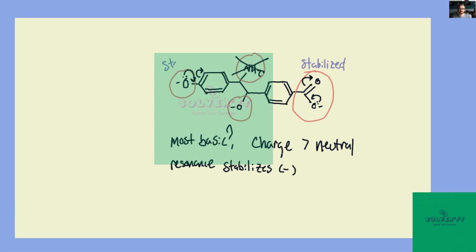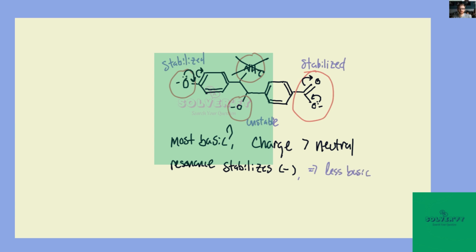This oxygen is stabilized through resonance, and this oxygen is unstabilized, or let's just say unstable. And if an oxygen is stabilized with its negative charge, that means it is less basic. Resonance stabilizes, which implies less basic.